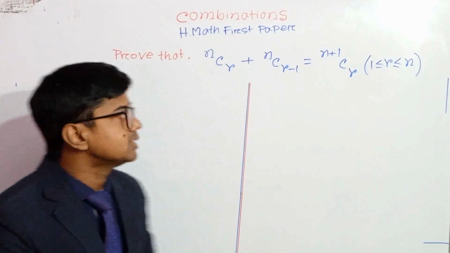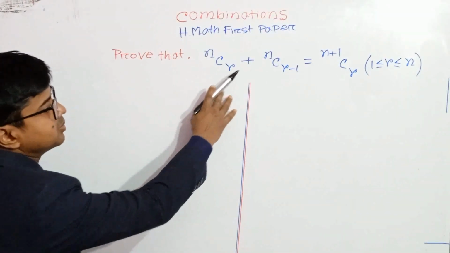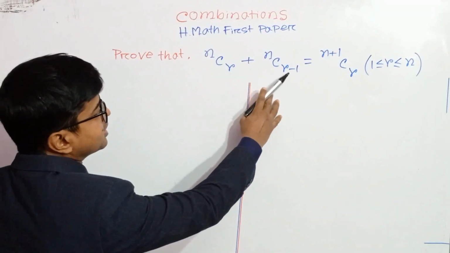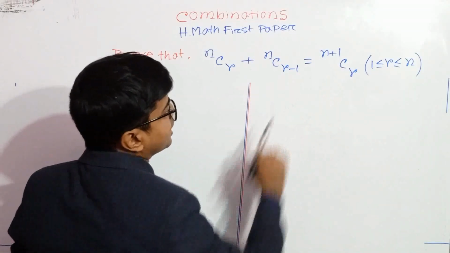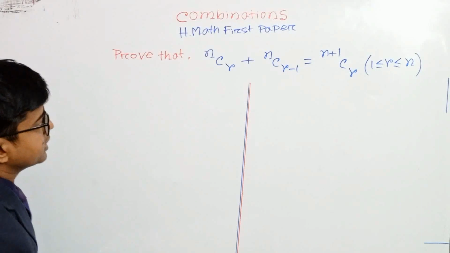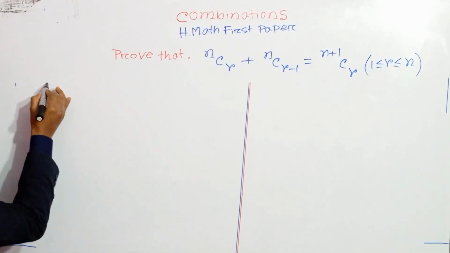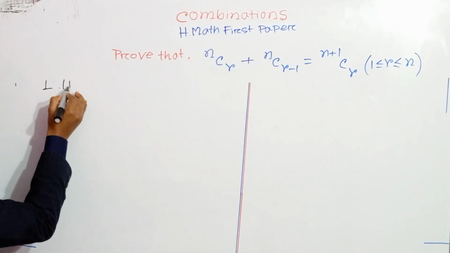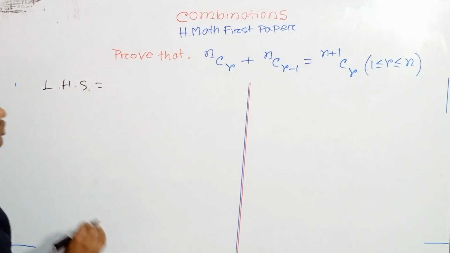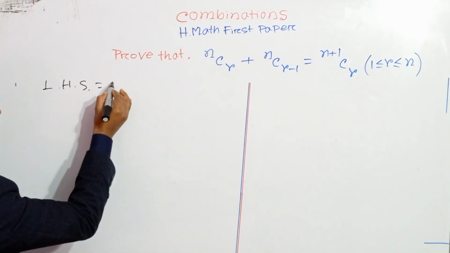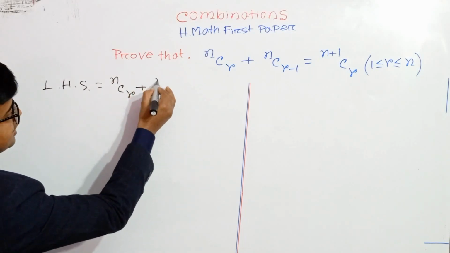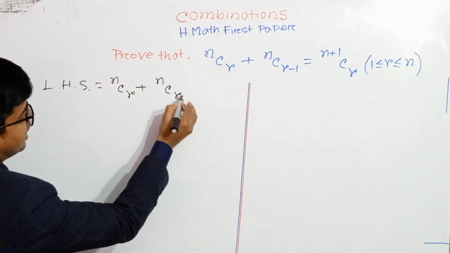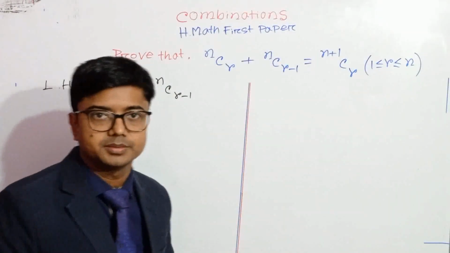Now prove that nCr plus nCr minus 1 equals n plus 1 Cr. Look at this. Here left hand side equals nCr plus nCr minus 1.